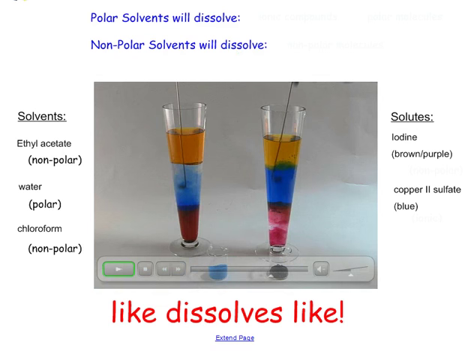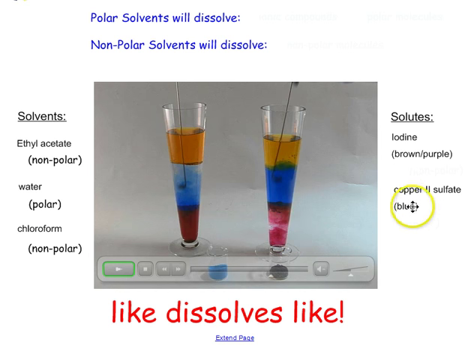So if we go back and take a look at a still shot from the video, we can see that the iodine, which is brown in ethyl acetate and purple in the chloroform, dissolved in the nonpolar solvents. The copper-2 sulfate, which is a known ionic substance, dissolves in the polar solvent, but not in the nonpolar solvents.